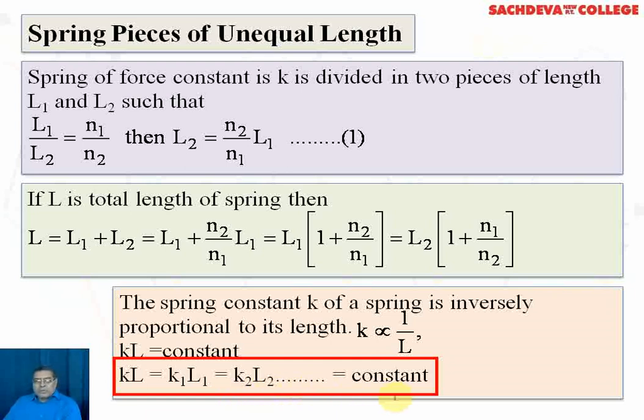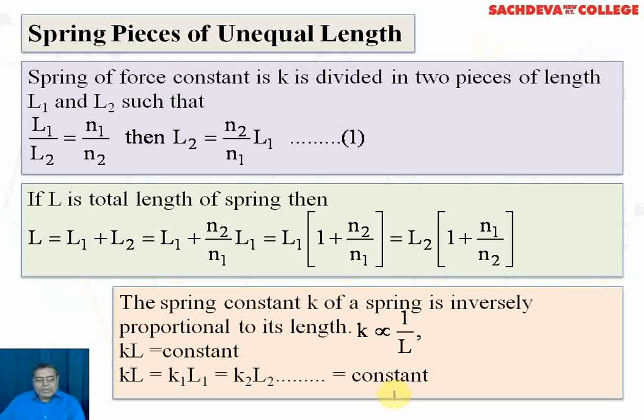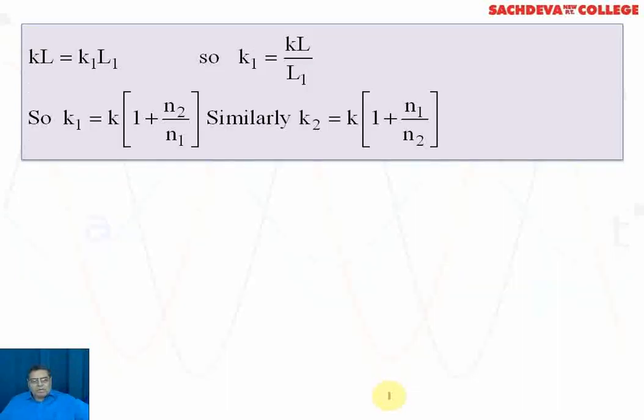So the product of K and L will remain constant. So we have mentioned here that KL is equal to K1 L1 equal to K2 L2 equal to K3 L3 and so on. So KL is equal to how much? It is K1 L1. So from this equation we get the value of K1, and that is found to be KL over L1.